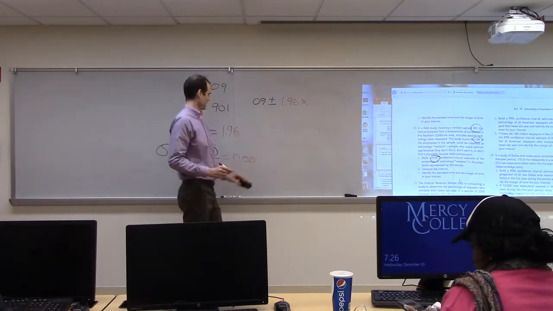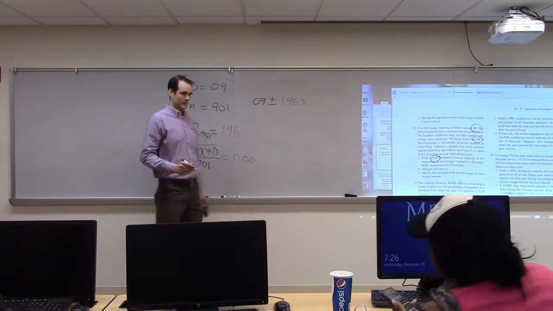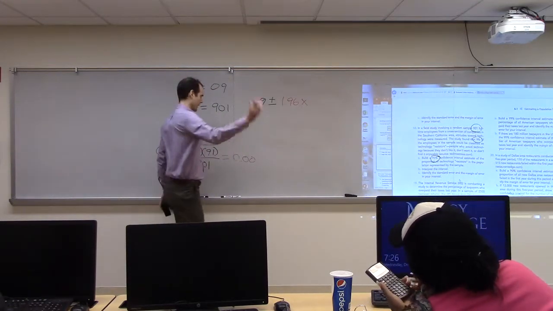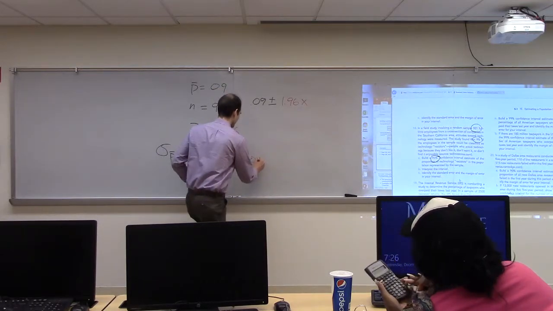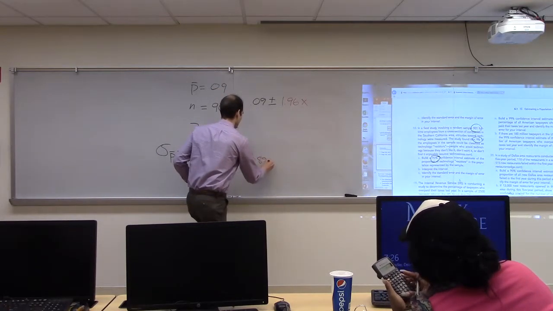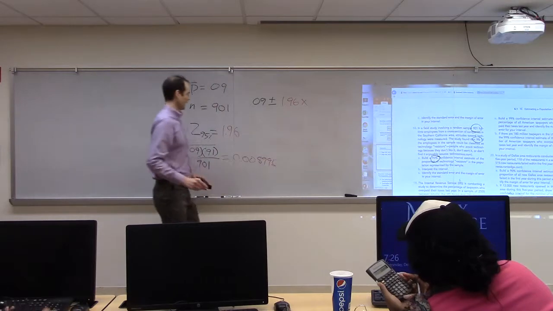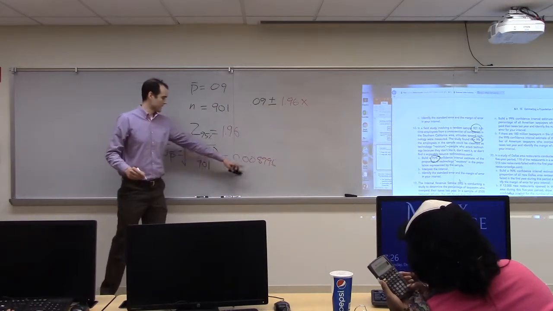He said not to round it, so go with the unrounded number. Alright, go ahead, Elaine. 0.008995. Alright, we'll go with Elaine's.